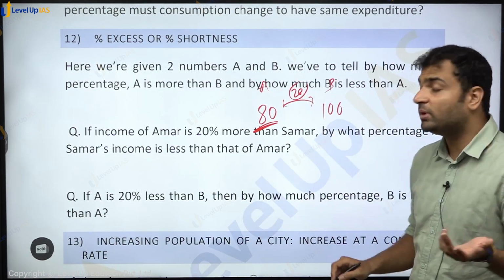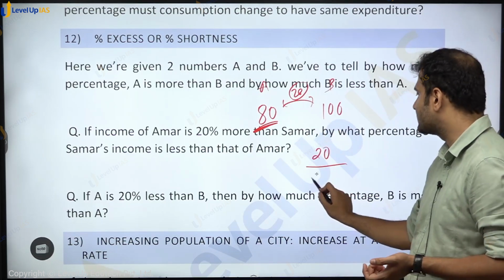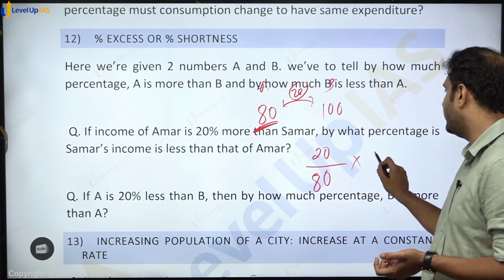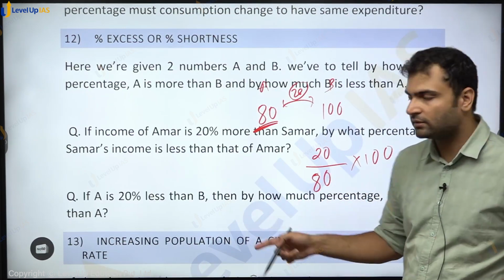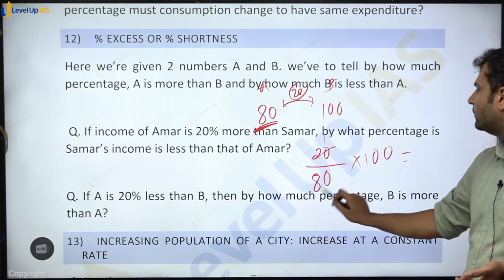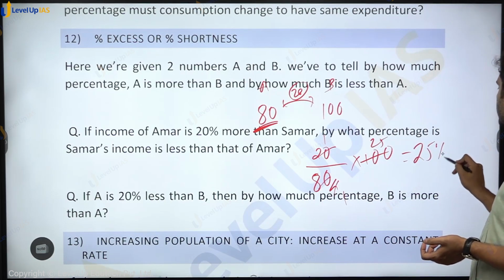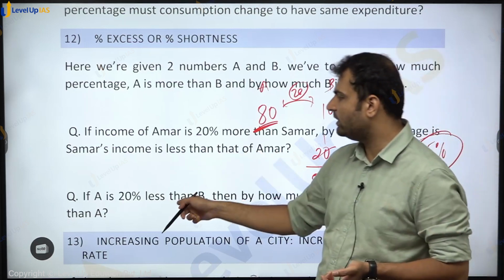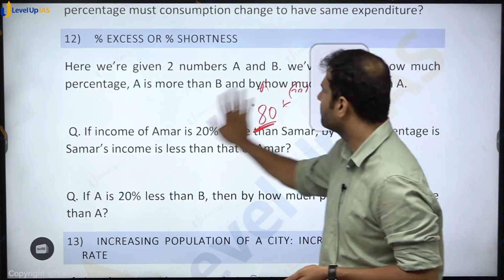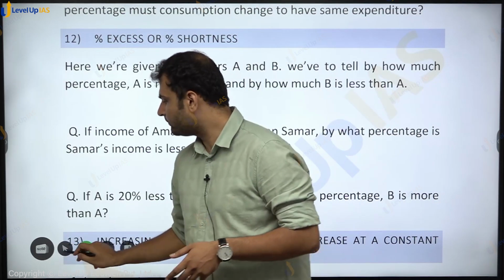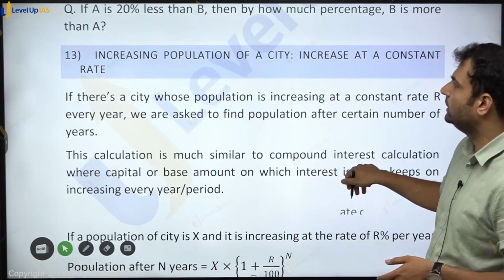In percentage terms, it is absolute change divided by the base into 100. Absolute change divided by base into 100 is the percentage change. It is 1 by 4, which is 25. So it is 25%. I hope that was clear.